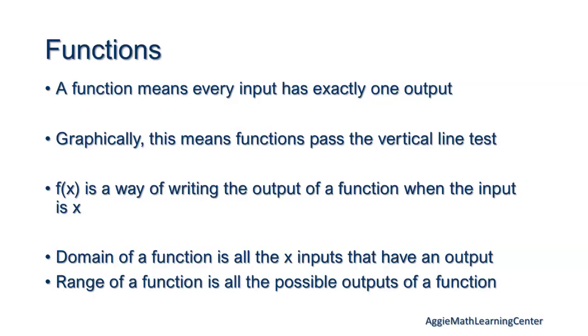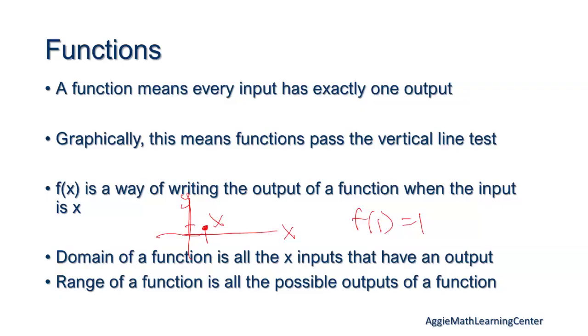It's written as f of x, the output of the function when the input is x. So on our graph, x is the input on the x-axis, and y will be the output. If x equals 1, then f of 1 equals 1. Does that make sense?